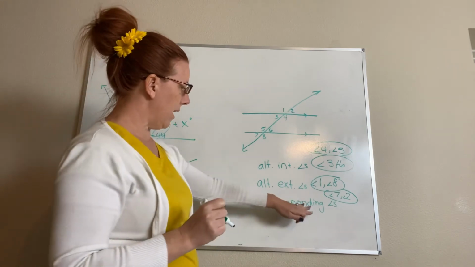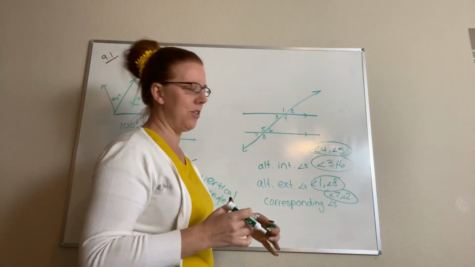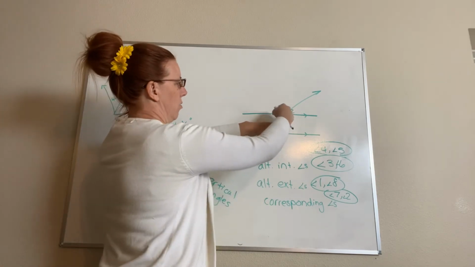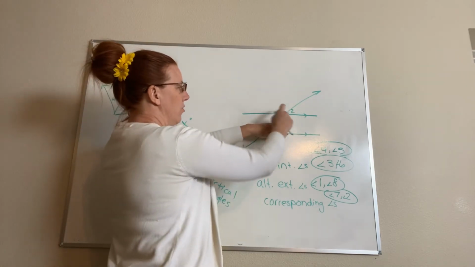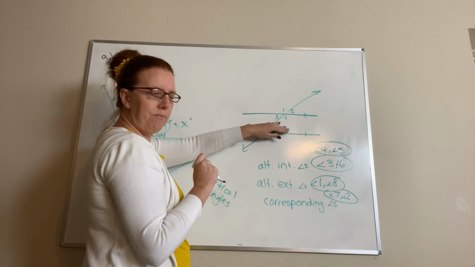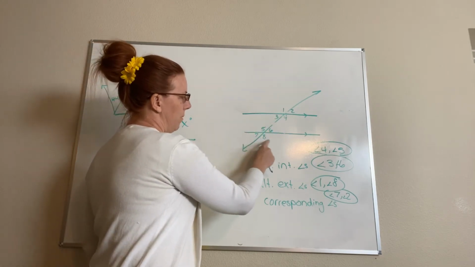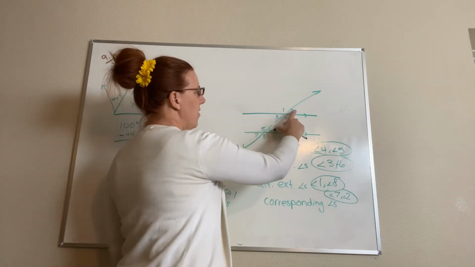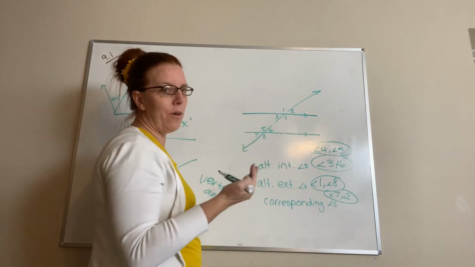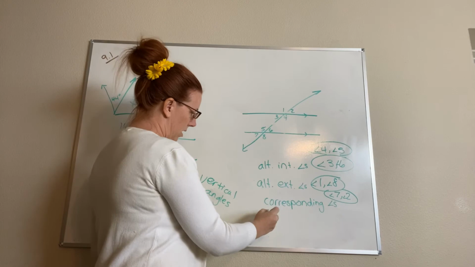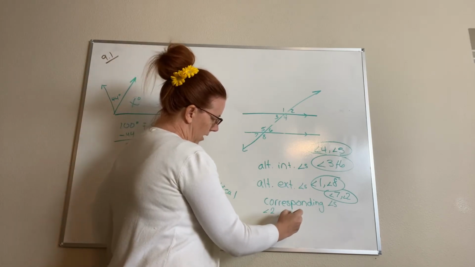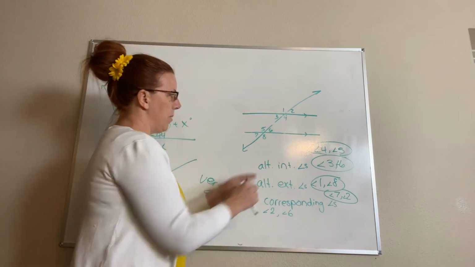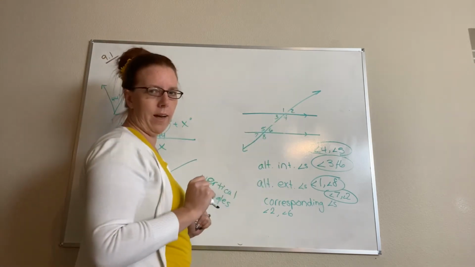All right, corresponding angles are angles that are in the same position. So if I'm looking at this group of numbers, angle 2 is in the top right. If I look at this group of numbers, angle 6 is in the top right. So if they're in the same position, we call those corresponding angles. So angle 2 and angle 6 are corresponding angles because they're both in the top right.